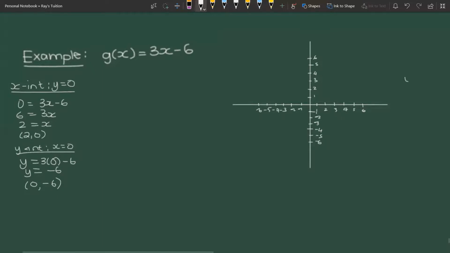Okay. So our original graph has our x-intercept being 2 and our y-intercept being negative 6. So we're just going to join those 2 points. Let's make it actually go through those points. Okay, so there is our graph, sorry, it's g this time. So there is our graph g.